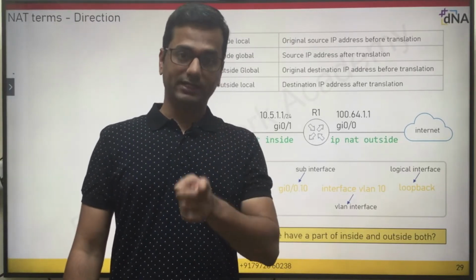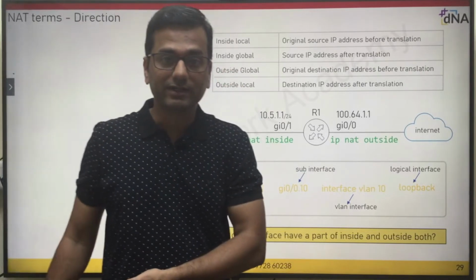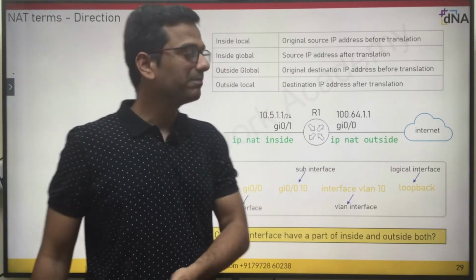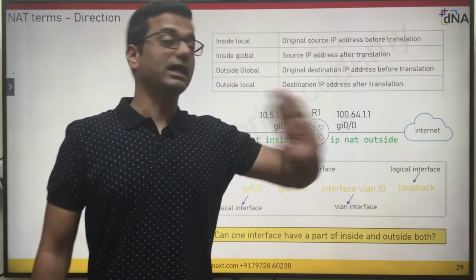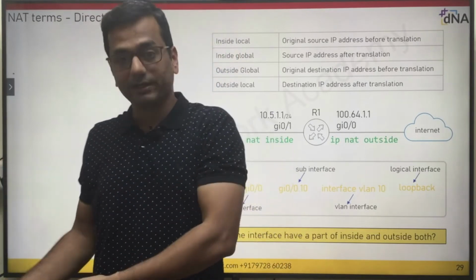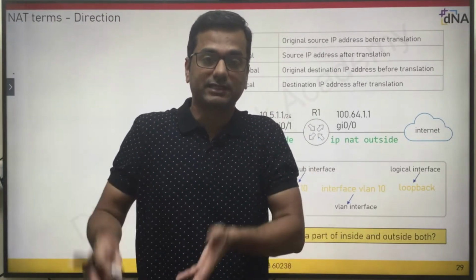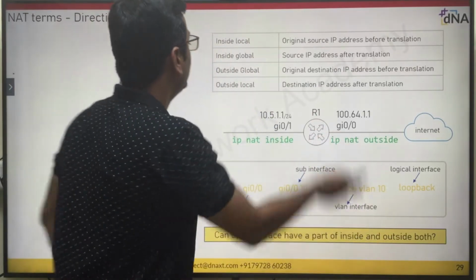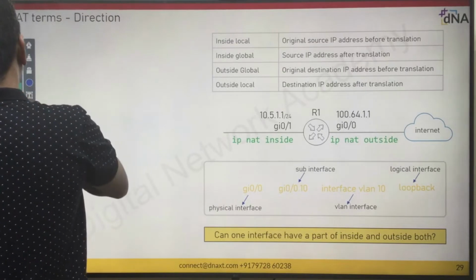Original IP address before translation means private IP address, right? Inside global means source IP address after translation. When this private IP address becomes the public IP address, we call it an inside global.